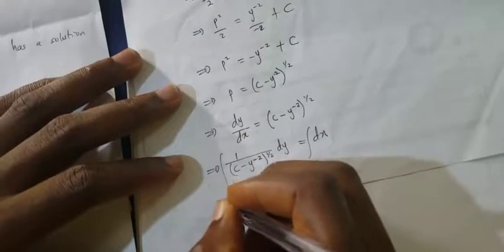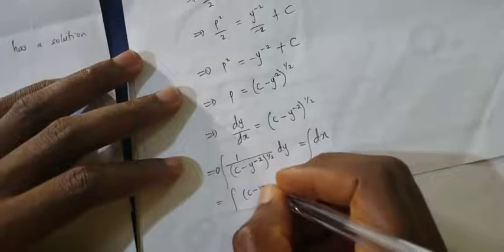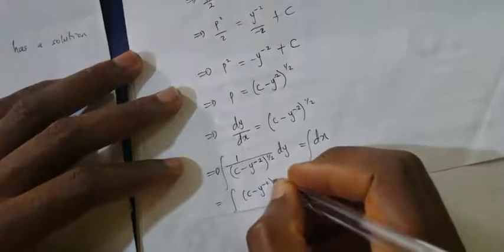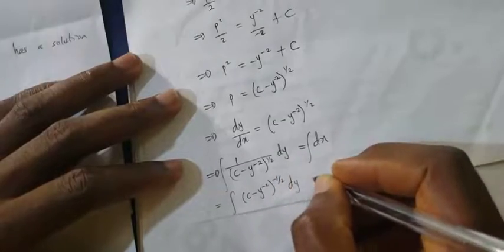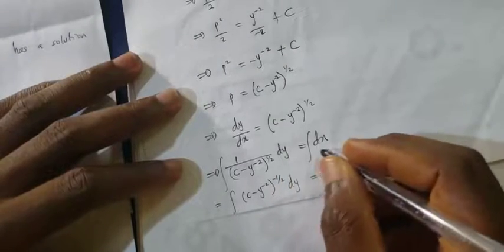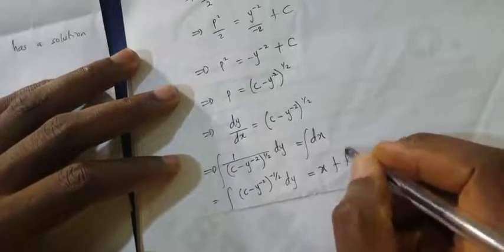This is the same as integral of c minus y raised to power minus 2 all raised to power minus 1 over 2 dy, equal to integral of this, that will be x plus k, another constant of integration. Like as expected, we should have two constants of integration.